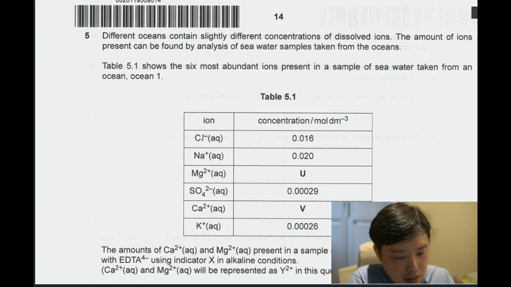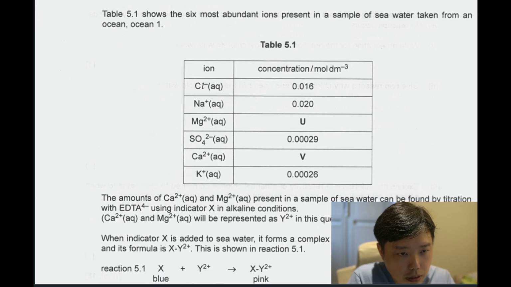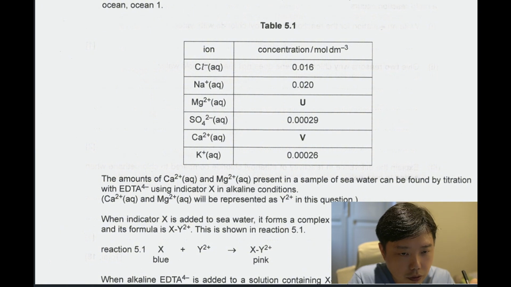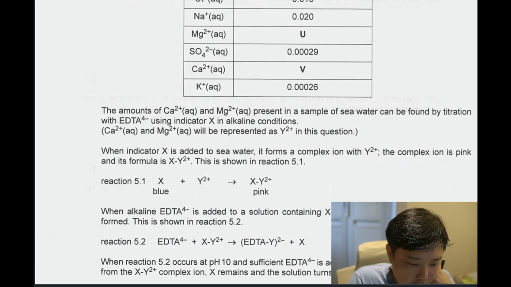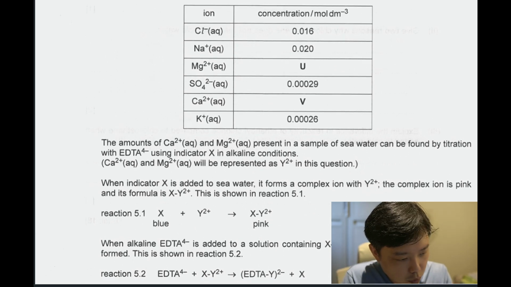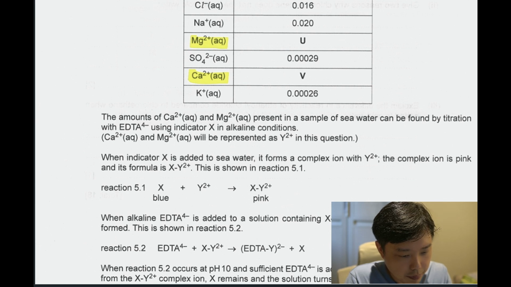Here it says ocean dissolved ions, and they have this analysis of the 6 most abundant ions. In Table 5.1 you have a list of the 6 most abundant ions. They said calcium and magnesium 2+ have a certain concentration, which can be found by titration with EDTA.